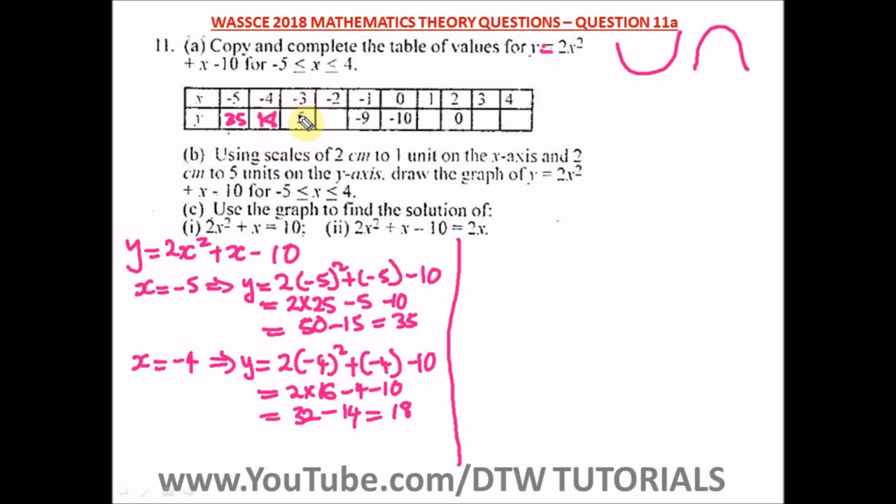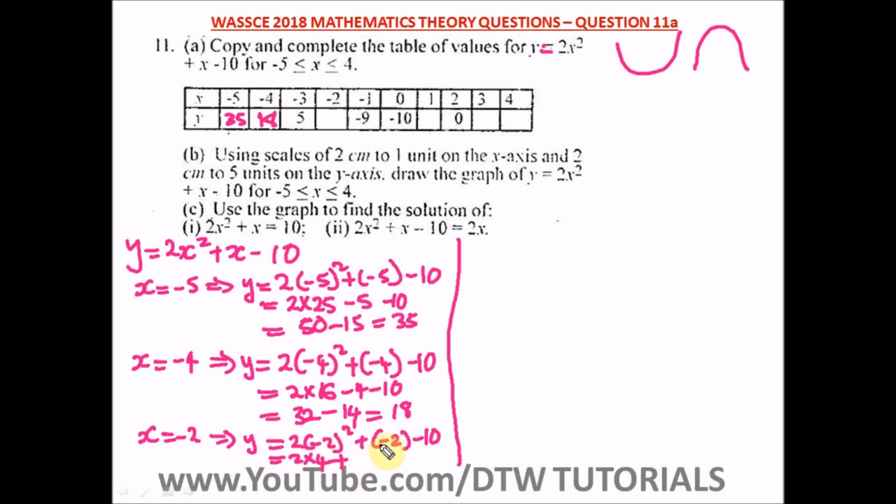Okay, so this is 18. So we've been given this value here, and we have to look for this -2. Okay, so for x equal to -2, we have y is equal to 2(-2)² + (-2) - 10. So here we have 2 times 4, is that not it? (-2)² is 4.